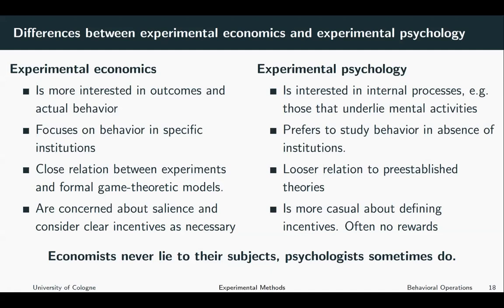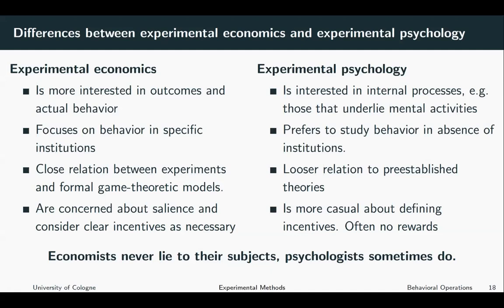Experimental economists and OM people are very concerned about the salience and consider clear incentives as necessary, which means if you participate in an econ experiment, you will typically always get paid. In contrast to that, in experimental psychology, they are way more casual about defining the incentives, often offering no rewards.